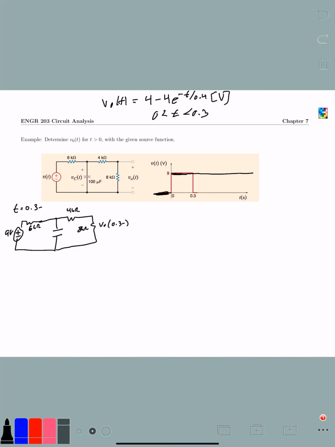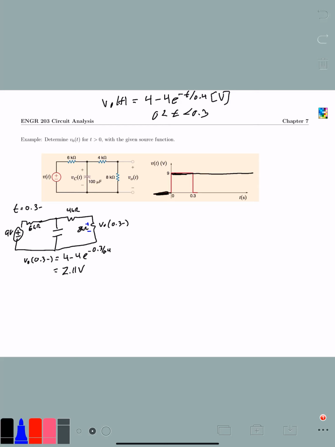But what I can do is find V0 of 0.3 minus by using my formula up there. And putting that into my calculator here, I get 2.11 volts. So that means I know the voltage here is 2.11 volts.